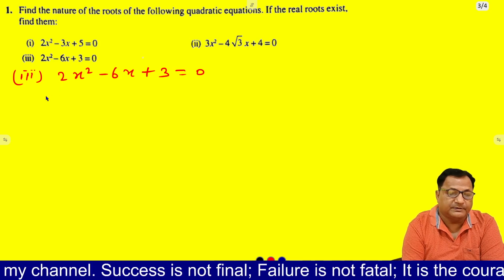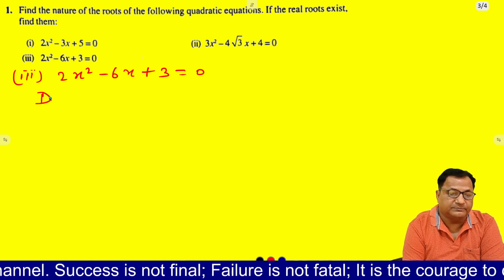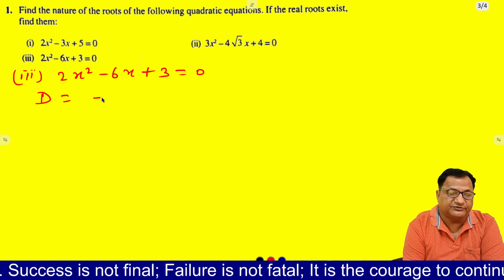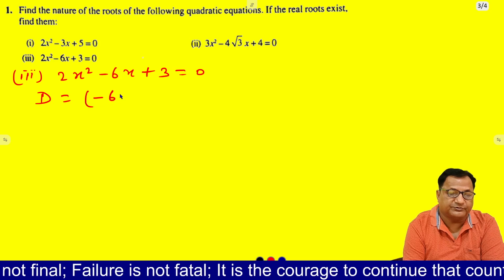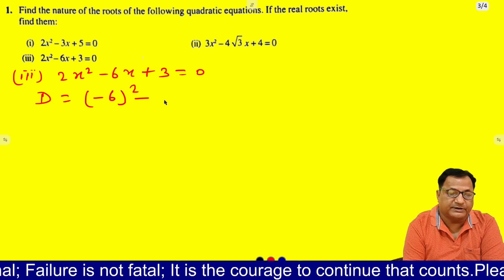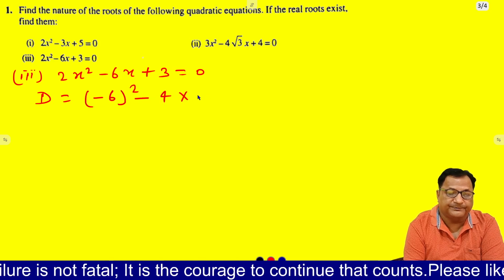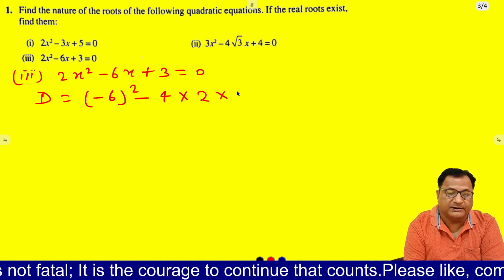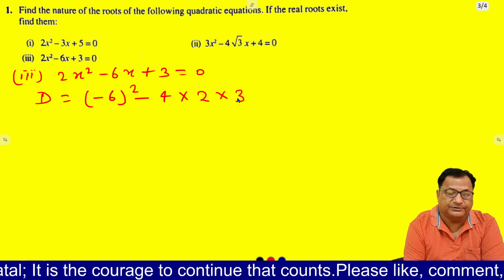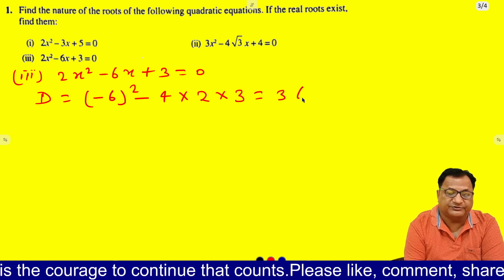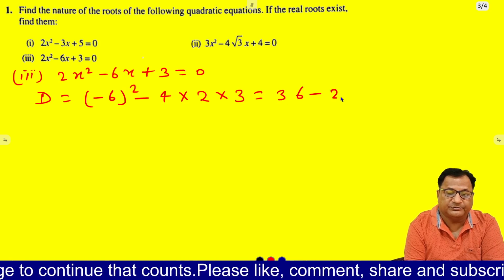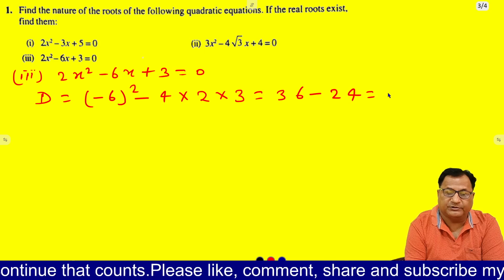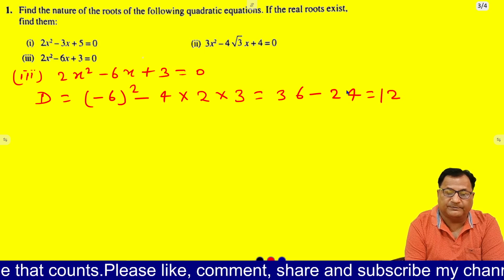So here D is equal to minus 6 square minus 4 into a, a is 2, and c is 3, so 36 minus 24 is equal to 12.